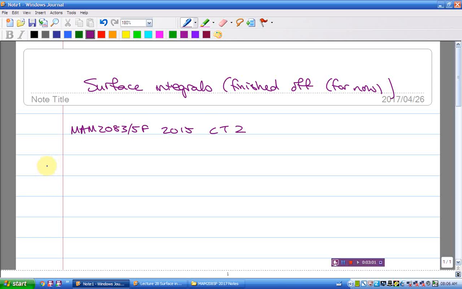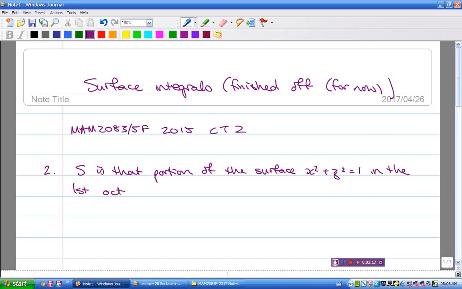Question is, and it's question 2, S is that portion of the surface x squared plus z squared equals 1 in the first octant. So we're going to end up with a picture here that looks quite a lot like question 28's picture, which quite a few of you have already worked through.